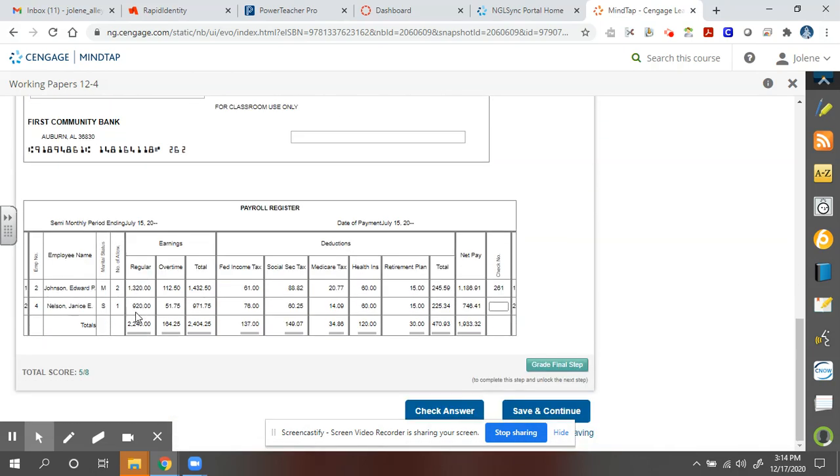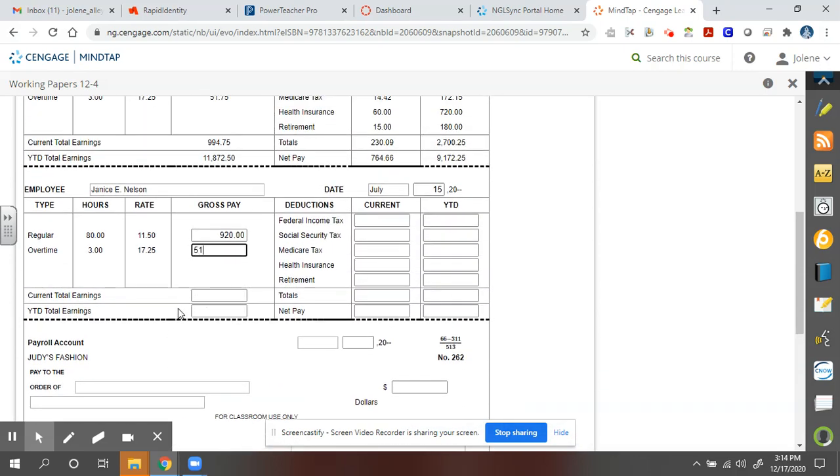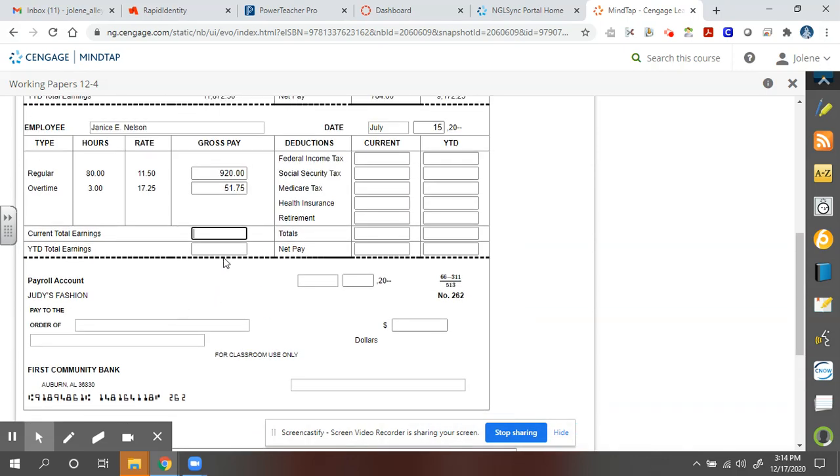Right here, 9:20. And her overtime this time was 51.75. So her total is right here, 971.75. I got to stay on Janice's line.